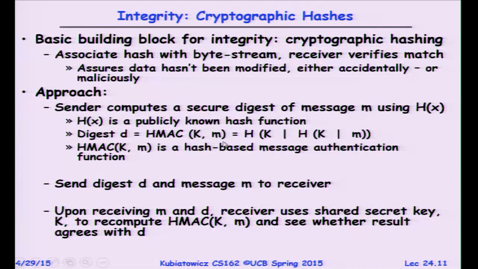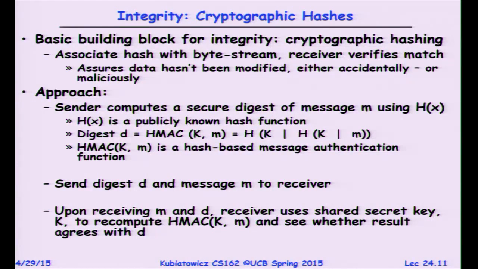But we're going to build this, what's called a digest, and this is the HMAC digest, which takes the key and the message. We take a hash of the key concatenated with the message, and then we hash the key concatenated with that result, and we send this thing off to the other side. And the other side can do the same computation given M, and they can say, oh gee, the only person that could have sent that to me must be A, because they're the only ones that have the key.